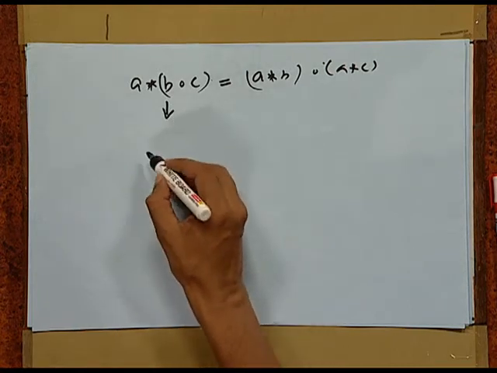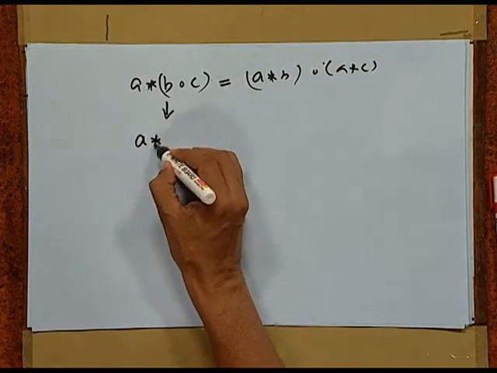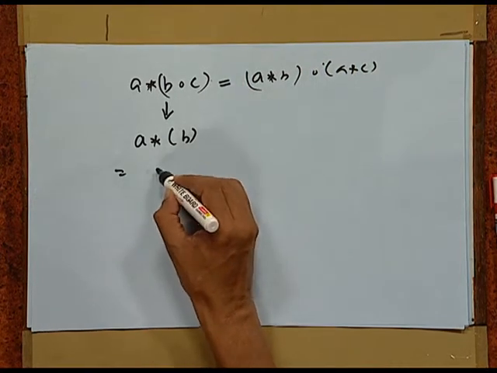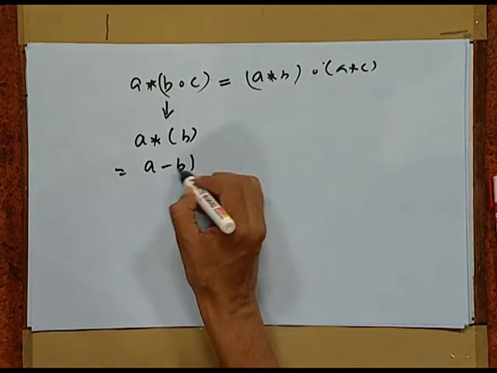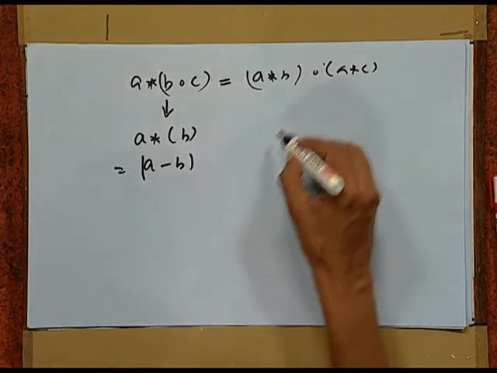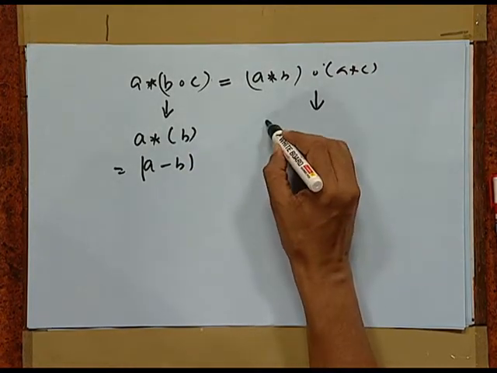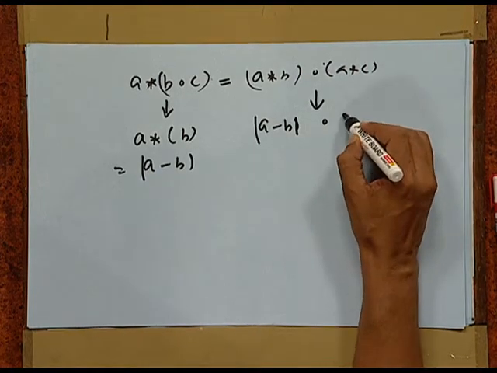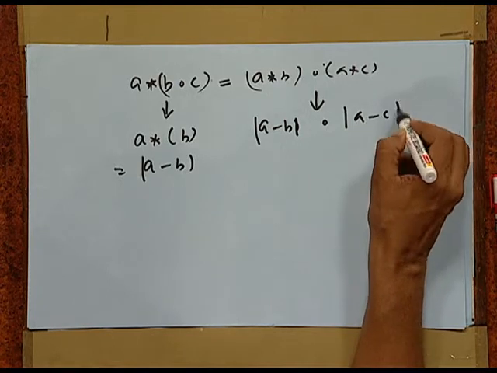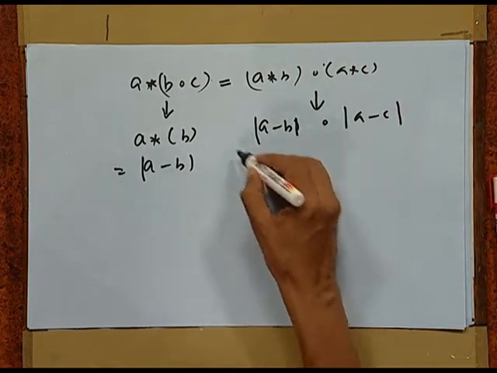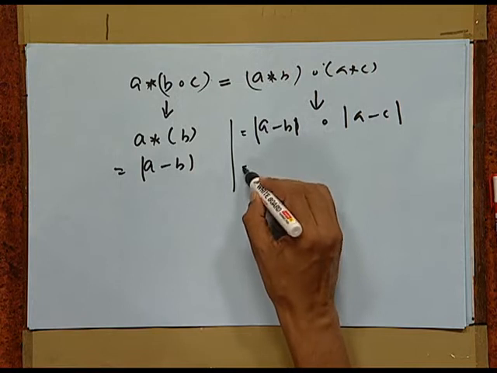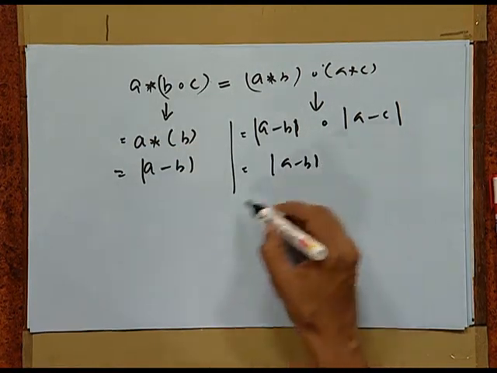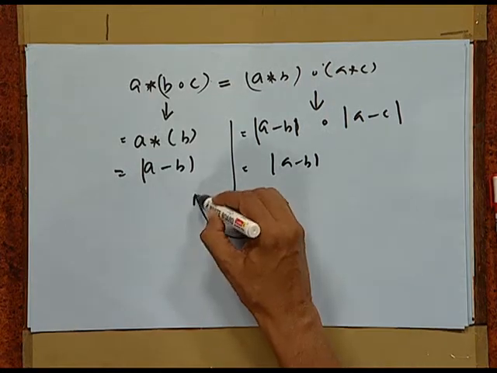This side we have A star B, that equals mod A minus B, whereas this side we have mod A minus B O mod A minus C, but this equals simply mod A minus B. Thus, these two are equal.